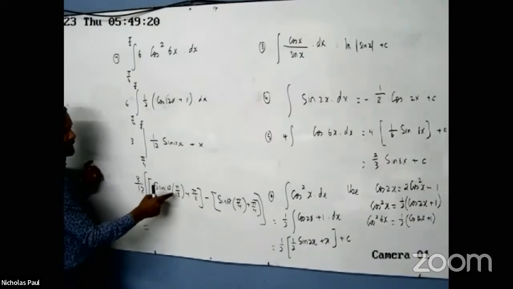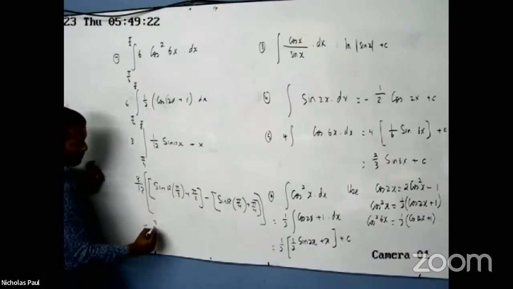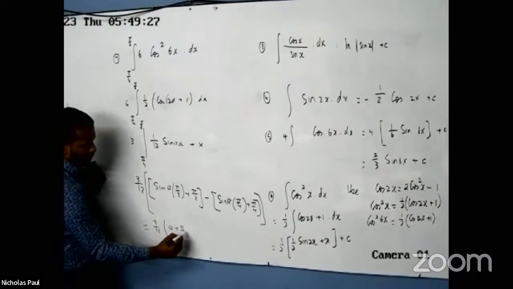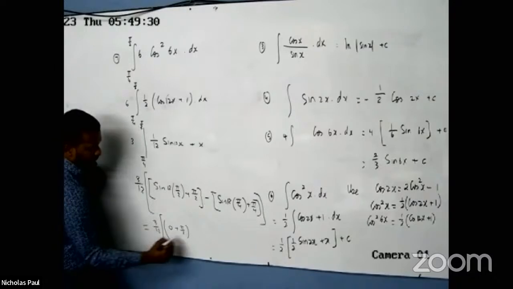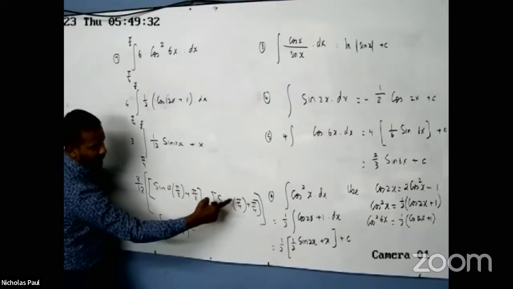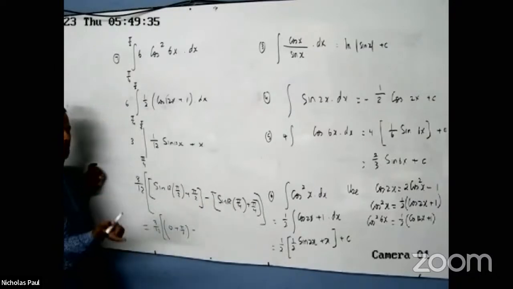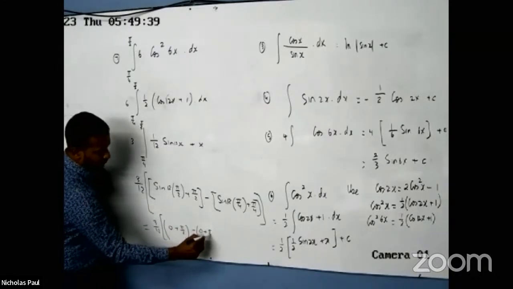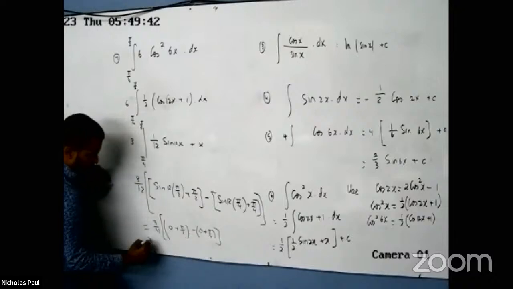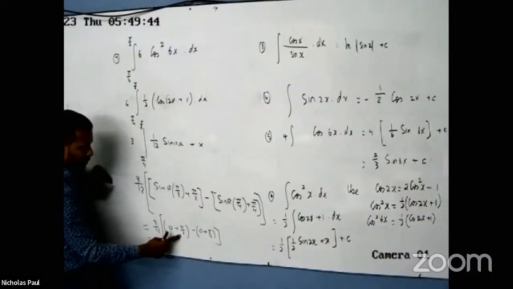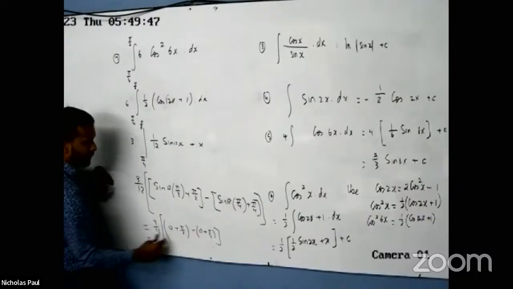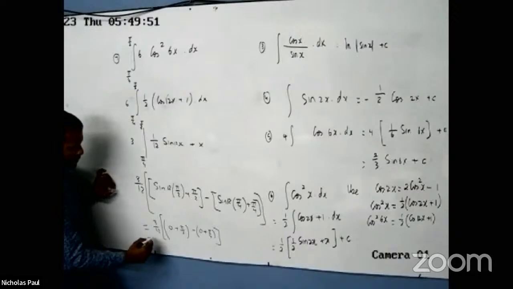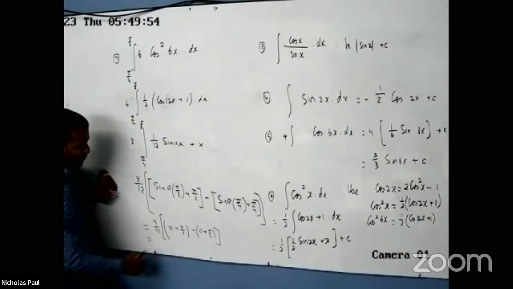This is sine 6 pi, which is probably 0. Minus 3 pi. Yeah, sine 3 pi is probably 0 as well. Plus pi on 4. So this is pi on 2 minus pi on 4, pi on 4. I get pi on 4 inside here.